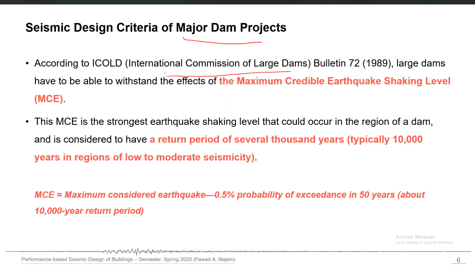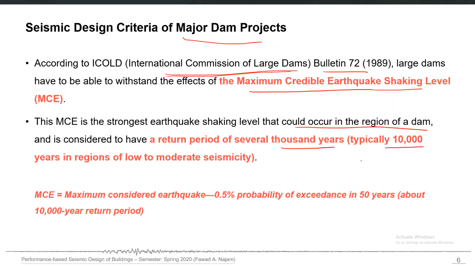According to the International Commission of Large Dams, Bulletin 72, the large dam has to be able to withstand the effect of MCE level shaking, maximum credible earthquake shaking level, and this MCE is the strongest earthquake shaking level that could occur in the region of a dam, and its definition is defined as an earthquake having a return period of several thousands of years, for example 10,000.